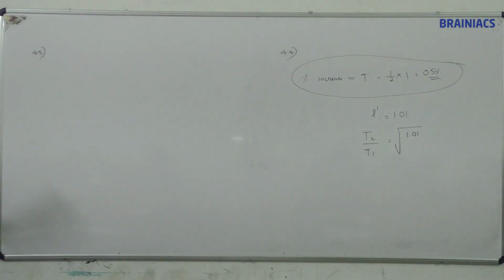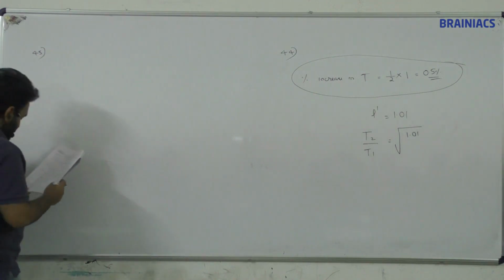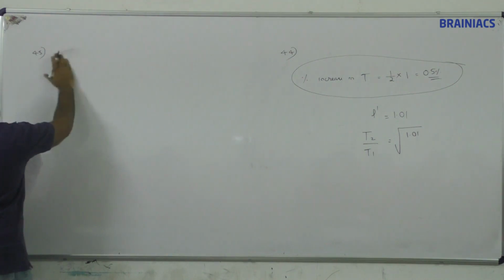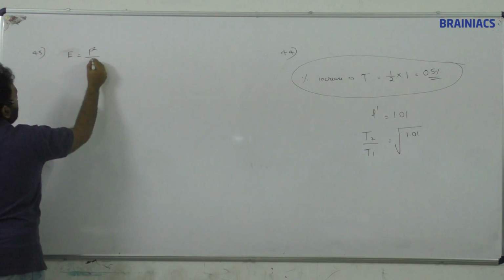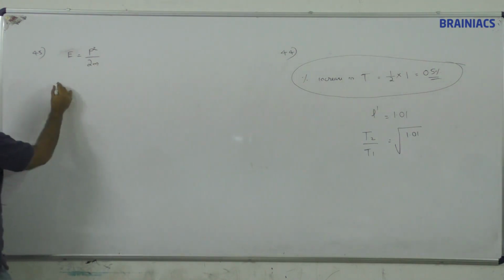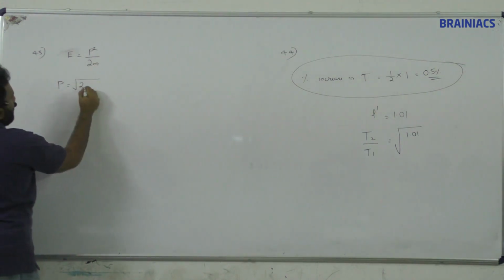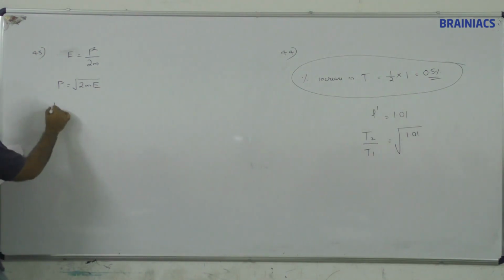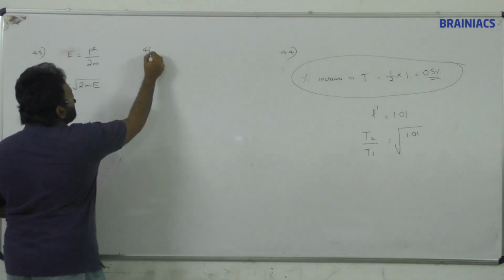The bob of a simple pendulum of mass m and total energy E will have maximum linear momentum what? Root 2mE. Okay, so E is equal to P square by 2m, so P is equal to root 2mE. That is the answer, option B.